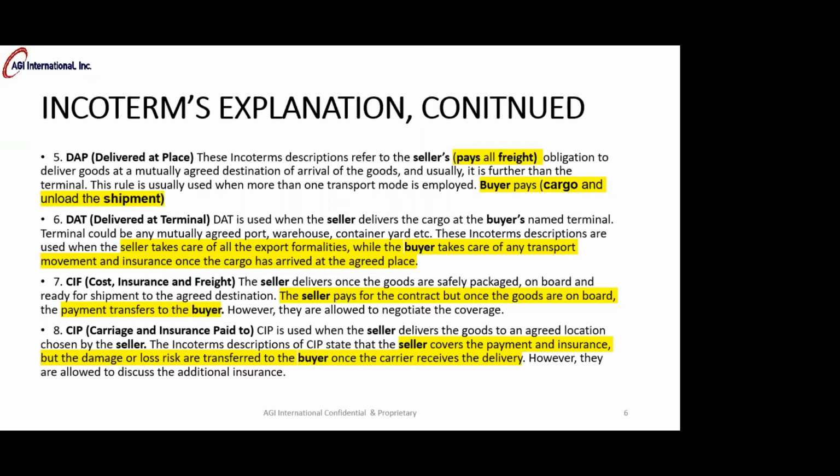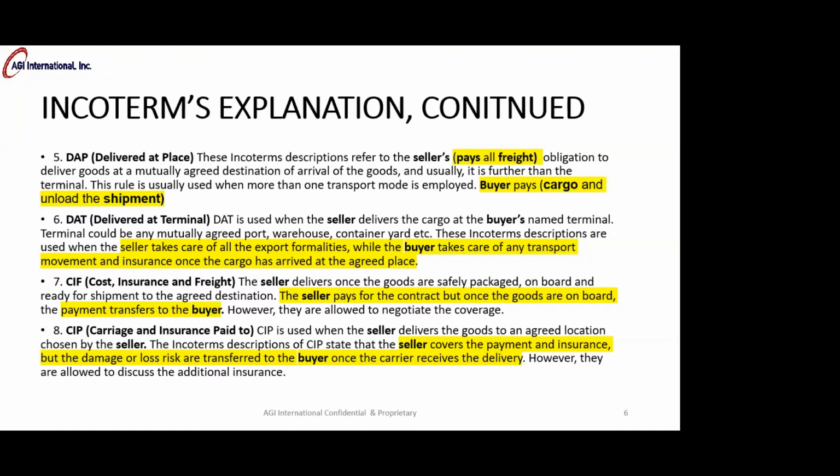CIF is cost, insurance, and freight. Again, this is the seller delivers once the goods are safely packed on board, ready for shipment to an agreed destination. The seller pays for the contract, but once the goods are on board and the payment transfers to the buyer, it's like, I'm paying up to this point, but once you've got it and you've taken ownership, then the buyer takes over responsibility for payment, okay?